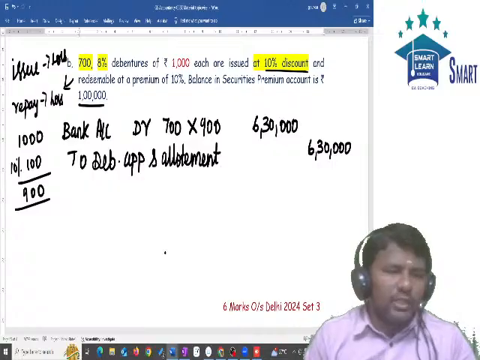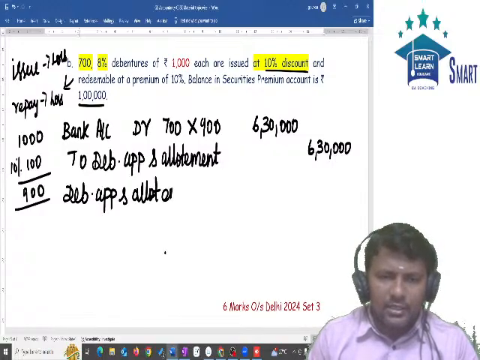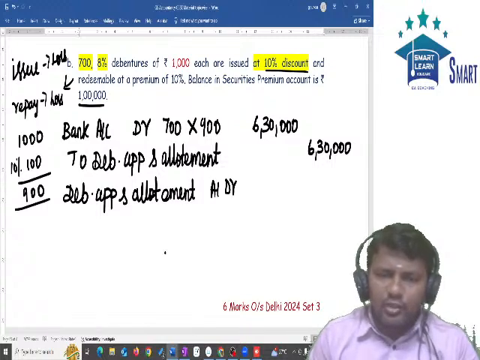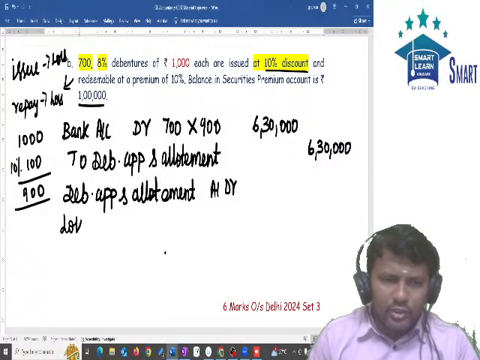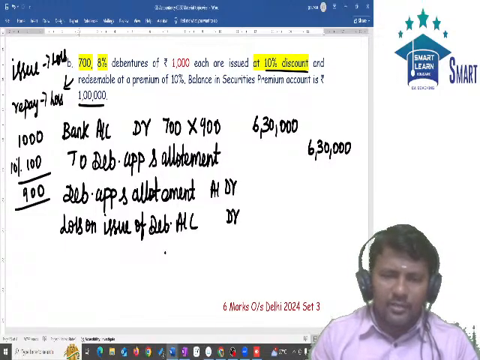Proceeding to the next entry, debenture application and allotment account debit. We have issued at a discount, so the discount, that is loss on issue of debentures account, should be debited.